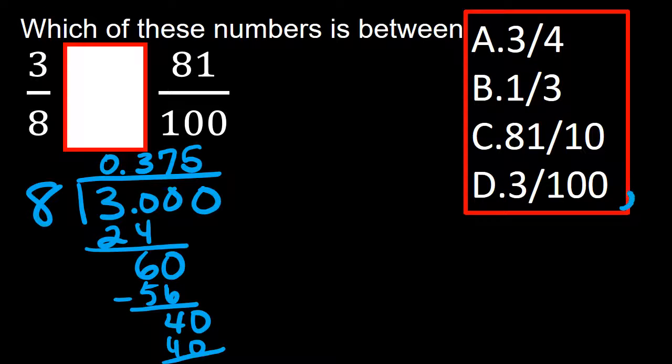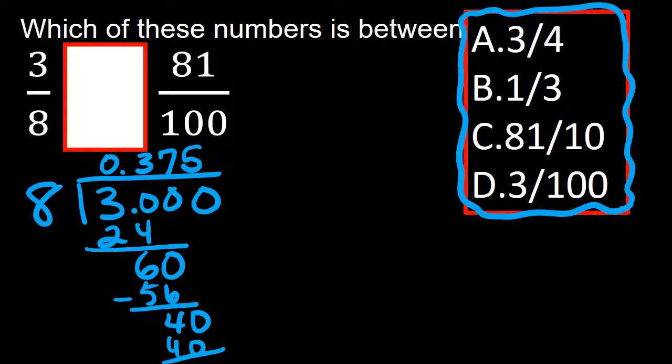I've got to figure out which one of these numbers, A, B, C, or D, is going to fit in there. And so we can go ahead and eliminate a couple of these right away. So I'm going to eliminate 81/10. That's going to give me an improper fraction. These two fractions are still in between 0 and 1, so I'm going to get rid of the improper fraction right away. So I don't even want to look at it.